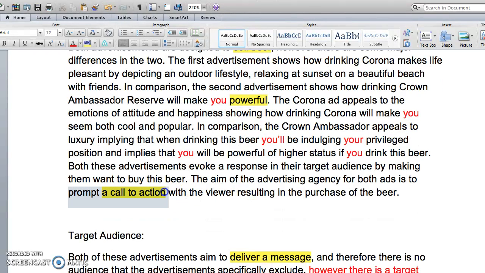You say a call to action. It's not a call to action. A call to action is when you're inspiring people to take action to vote against a wrongful imprisonment or police brutality. Drinking beer is not really a social issue as such. So you just need to be clear that you understand that.